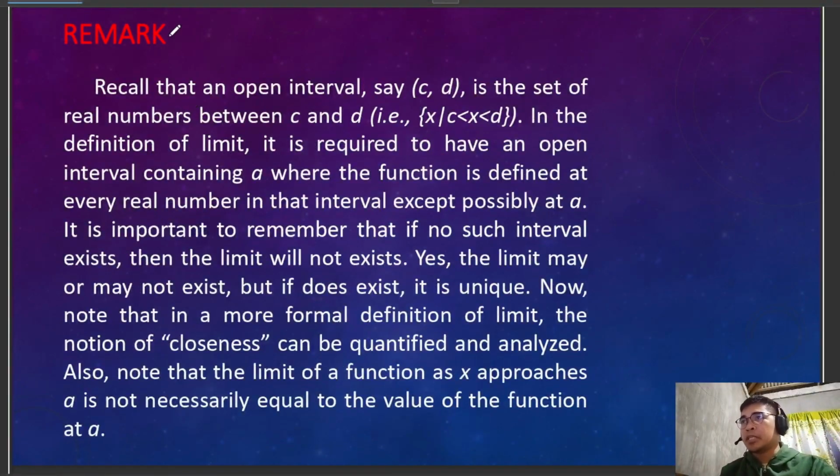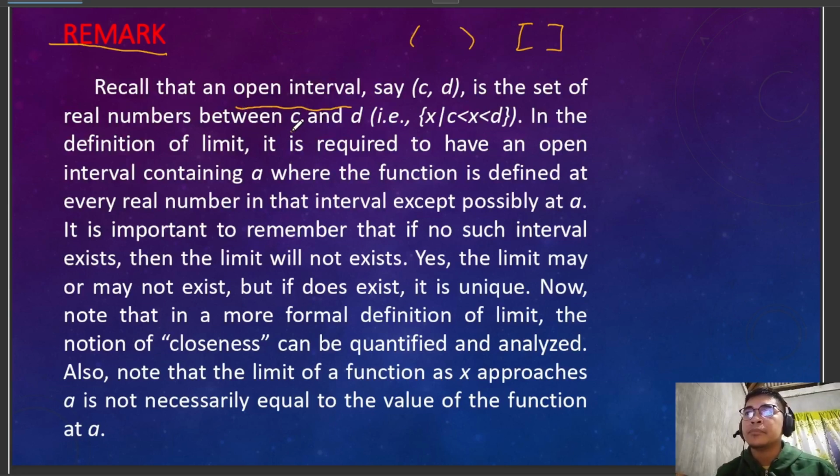And there is also a special remark. Recall that an open interval, by symbol alone we can identify this is open. When this is used, that is an open interval. When this one, this is closed. So the open interval c and d is the set of real numbers which are between c and d. Example, x such that x is in between c and d.